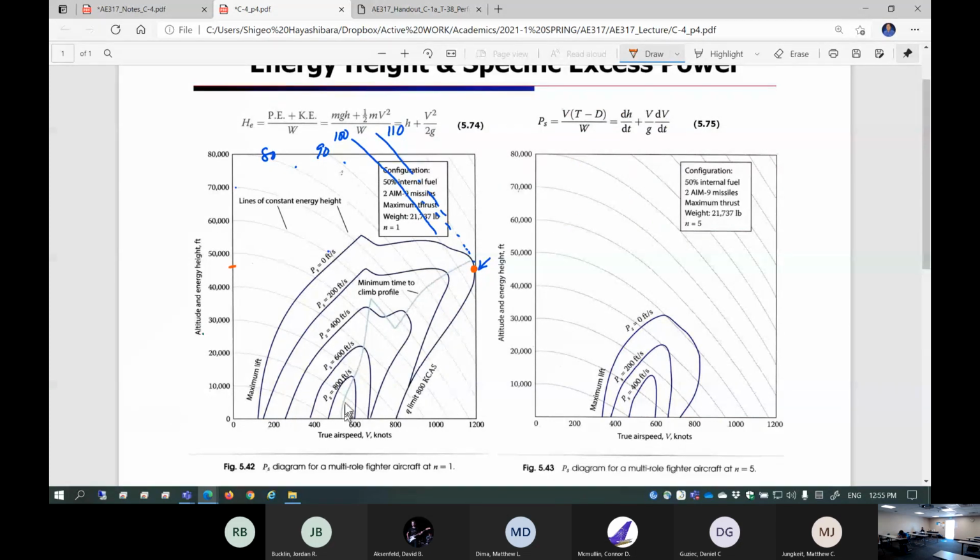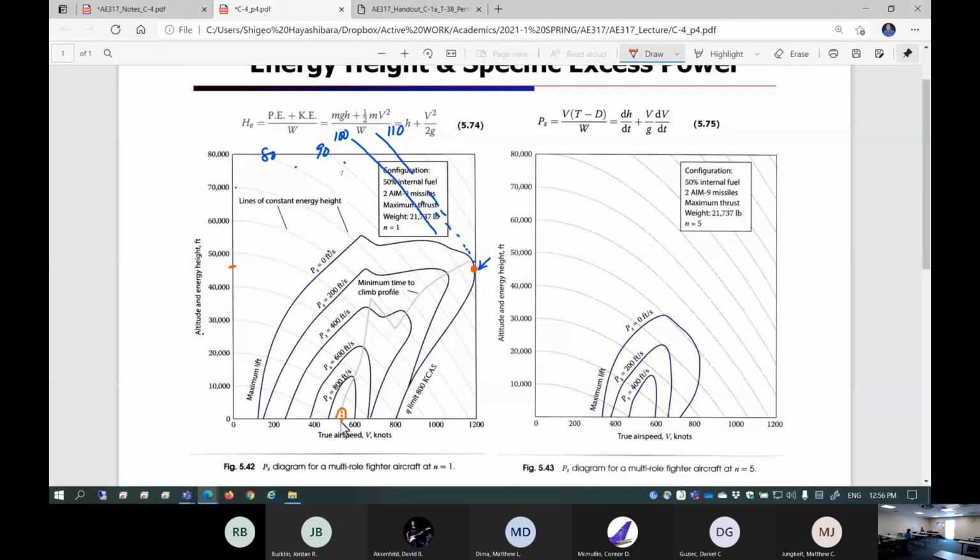So you can only guess, but suppose at sea level, you have this kind of contour, right? And so you're going to go through that. Sea level is what? Yeah, maybe around here, 500 something knots.